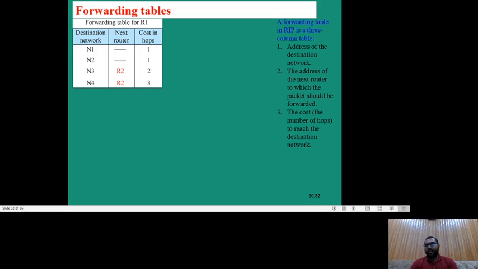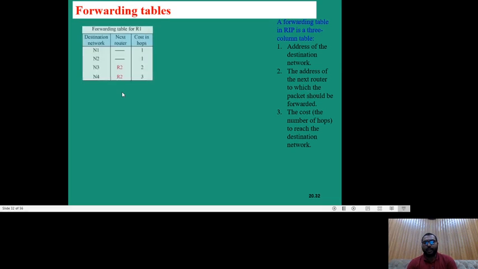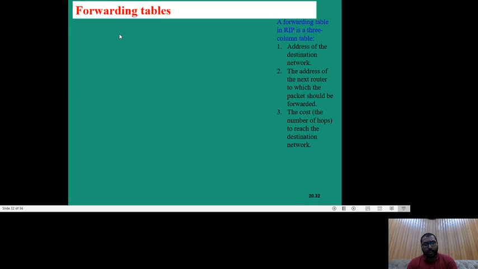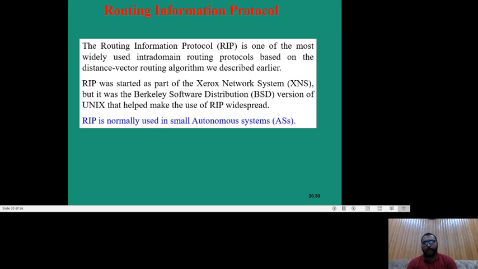In the previous figure, if you can recall, there were 3 routers: router 1, router 2, router 3. Let me show you again. This is router 1. Its forwarding table will have information about all the 4 networks.